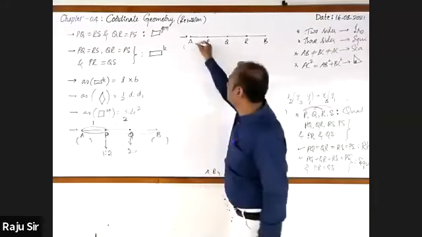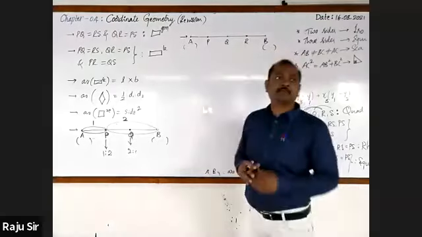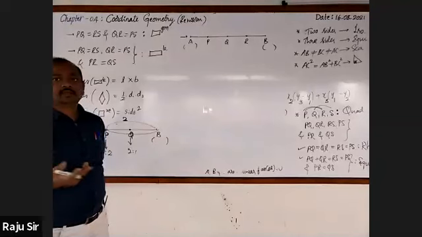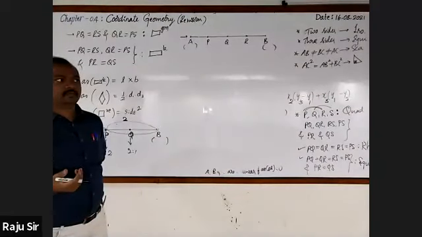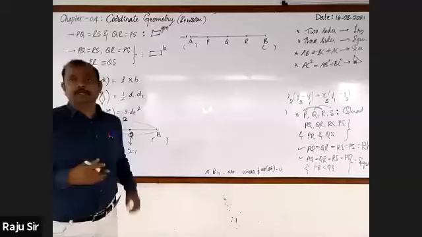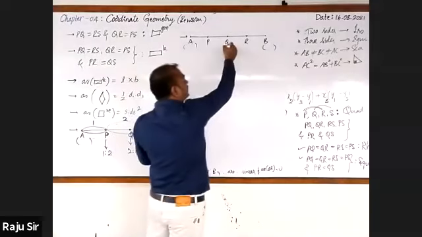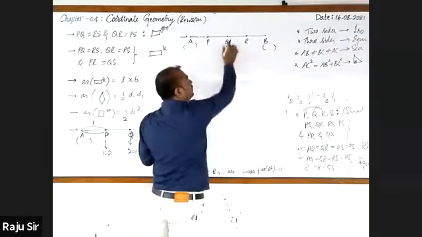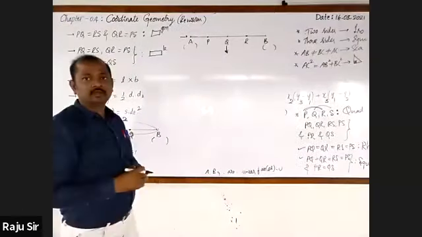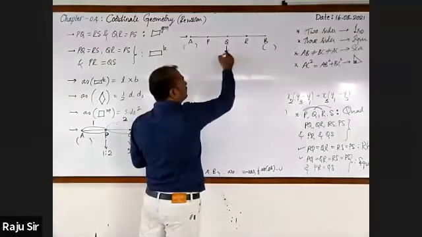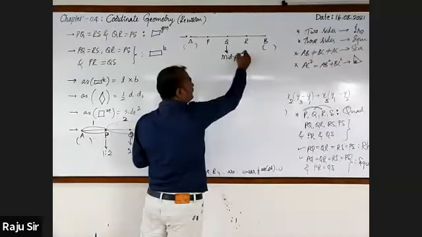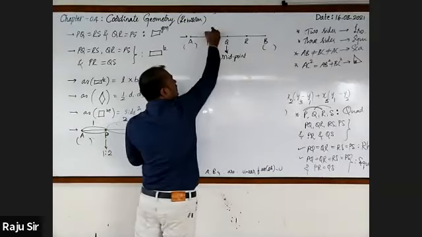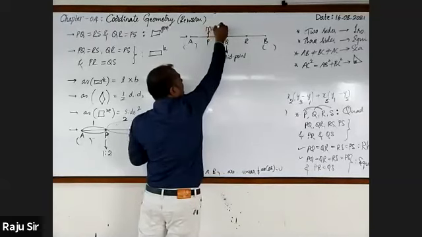When you know the coordinates of A and B, then how do you go for finding the coordinates of these points of quadrisection? For finding Q, we'll take the midpoint formula. Midpoint formula, because with respect to AB, Q is called the midpoint, right? Then P is the midpoint of AQ.